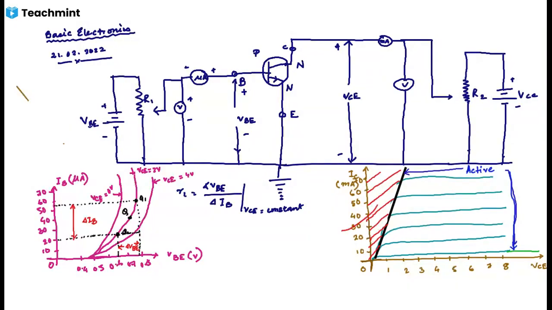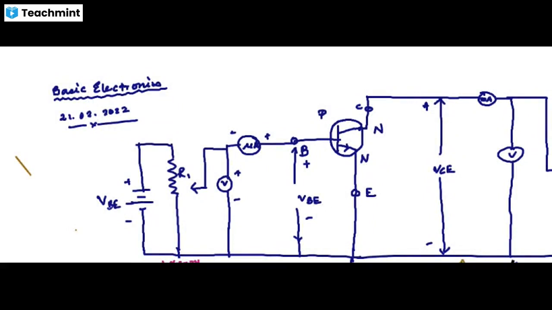This is saturation. And this is cutoff. Okay, understand everybody? Do you understand the diagram?